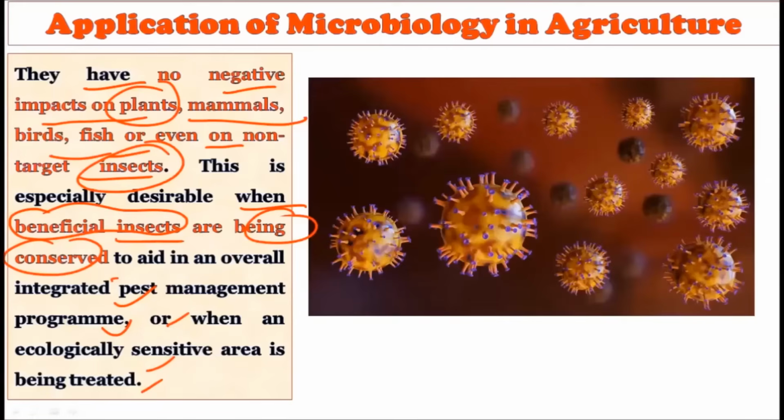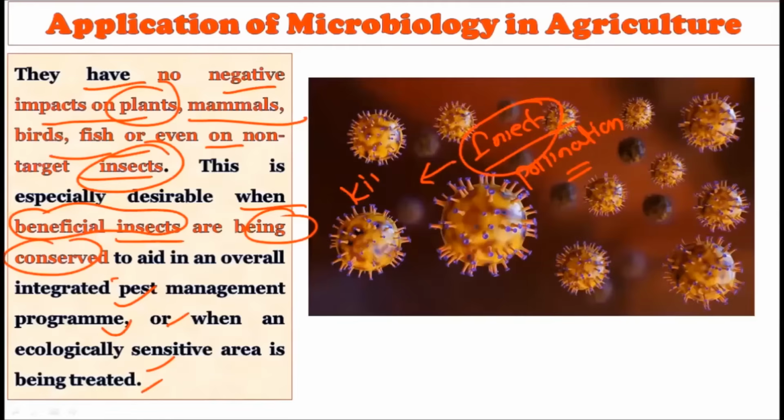Now see, there are some insects which, as we have discussed, are mainly used in pollination, and in the agricultural field pollination is very, very important, because without pollination there will not be formation of a fruit, and fruit is the final end product in the majority of crop fields. So we have to conserve certain kinds of insects, and we have to kill certain kinds of insects.